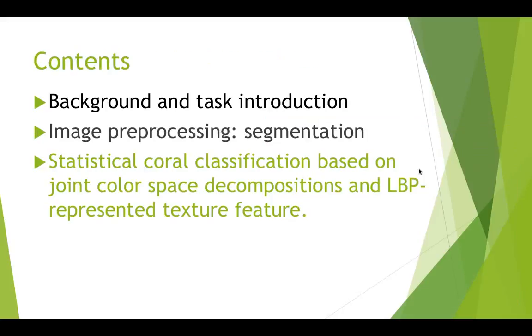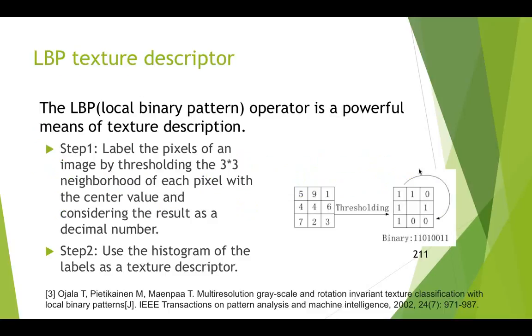And then we do the coral classification based on the LBP method. So this is the basic idea of LBP. LBP is short for local binary pattern. It is a powerful measure of texture.